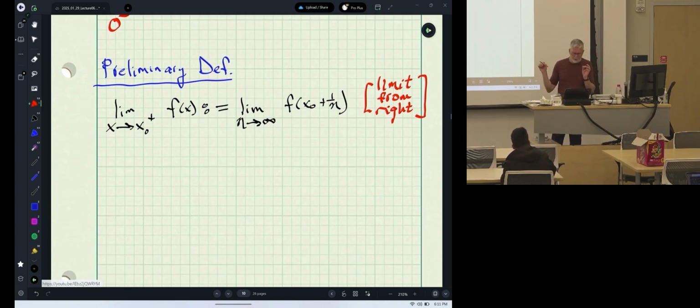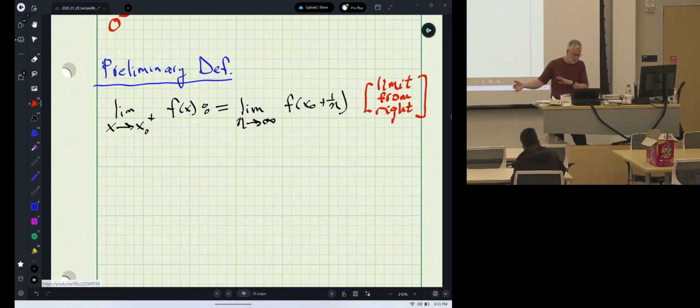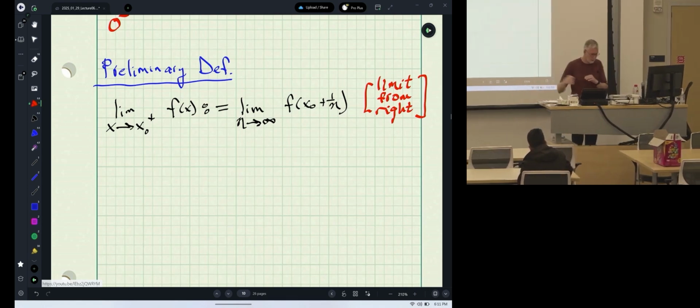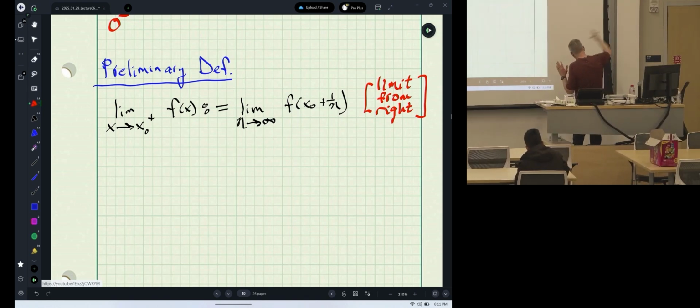Okay, we're adding a positive number to x0, and we're letting that positive number become smaller and smaller. So we're approaching it from the right, okay? And then you guys see my devious pattern here.